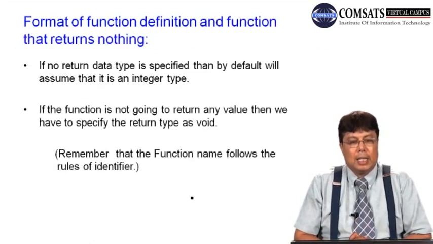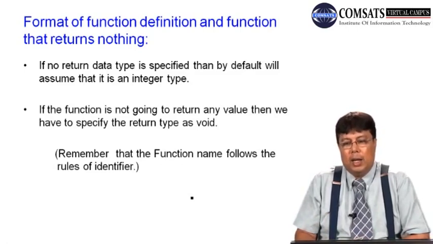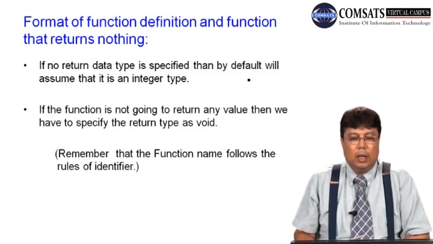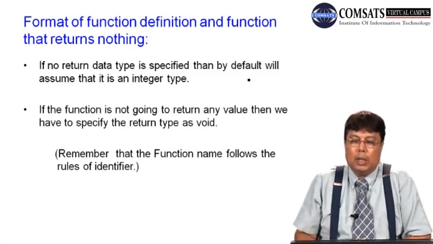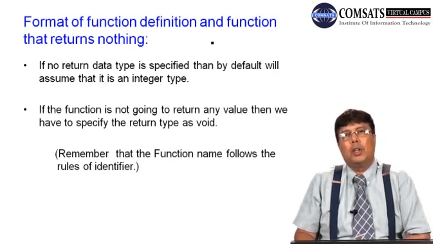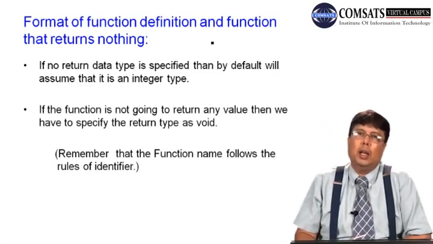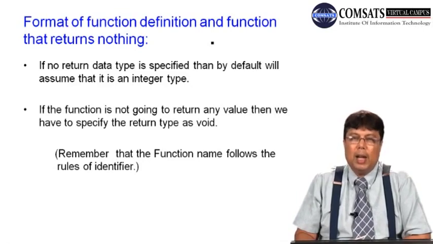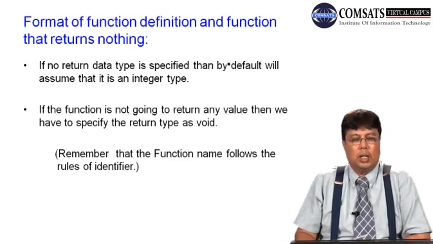Okay, as I said, the function is not returning anything, so if no return data type is specified, then by default, if the data type is not defined, there are two things. With void we clearly specify that a function is not returning anything, but if we skip it, we don't write void, we don't write anything else, then by default there is a data type, which is the integer data type.